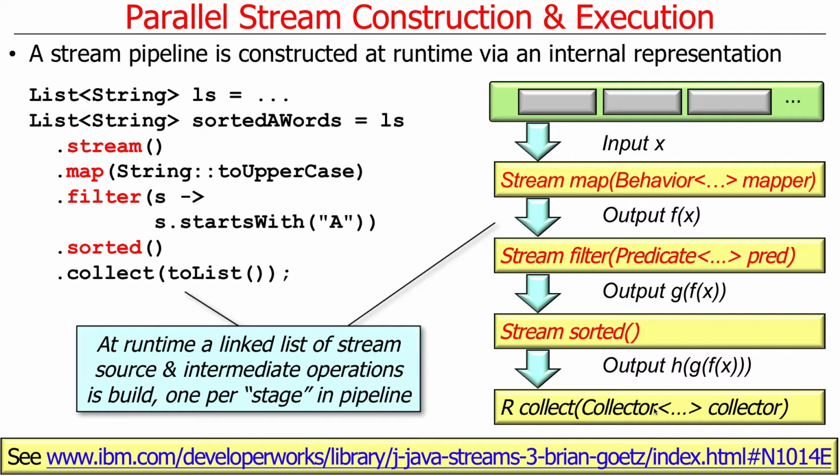Each of the aggregate operations you see here, or more specifically the intermediate operations, are being pushed on to this linked list. So we'll end up with a linked list of intermediate operations, along with the behaviors, which are the lambdas or the method references passed to those operations.